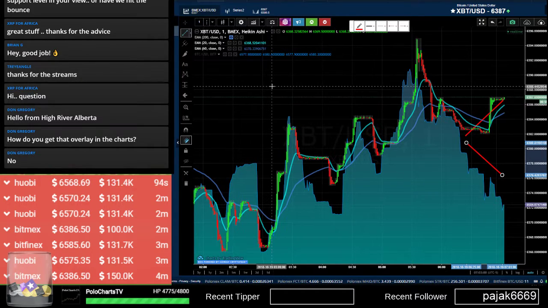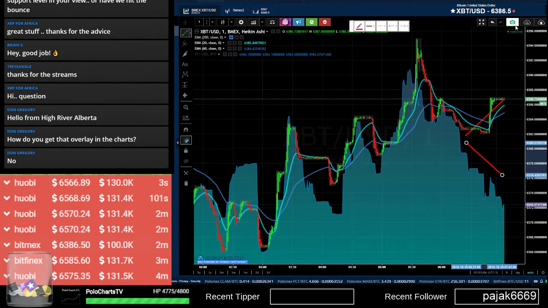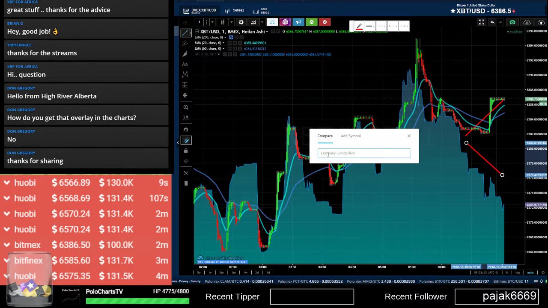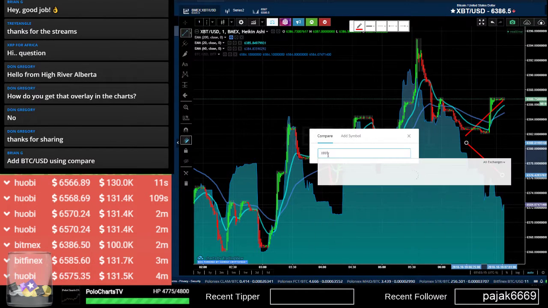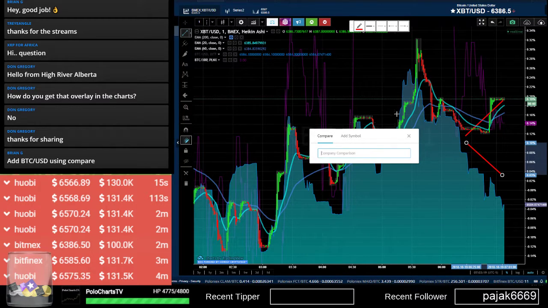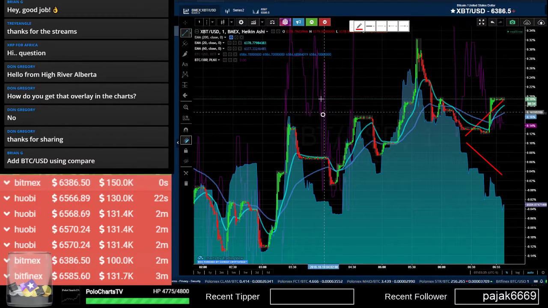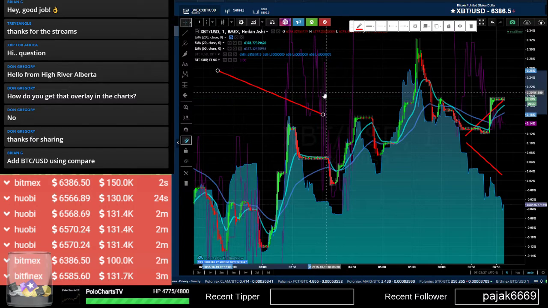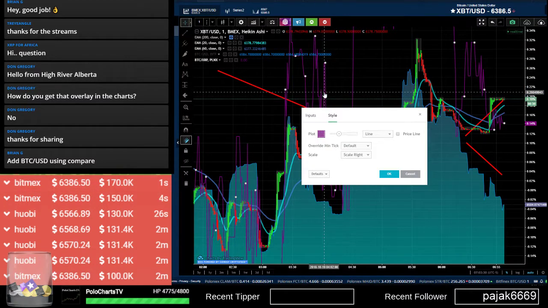How do I get that overlay in the charts? What I've done is use this little symbol here to compare or add a symbol. I can say XRP and grab Poloniex Ripple, and we see it's been overlaid there. I believe I can tune it afterwards.